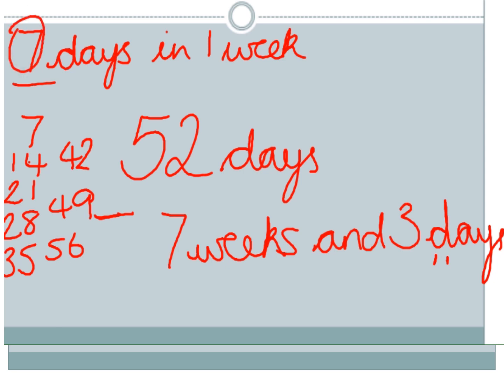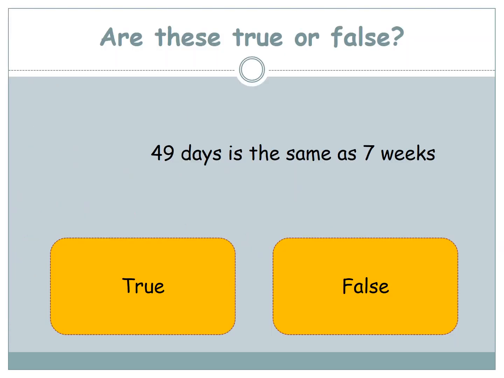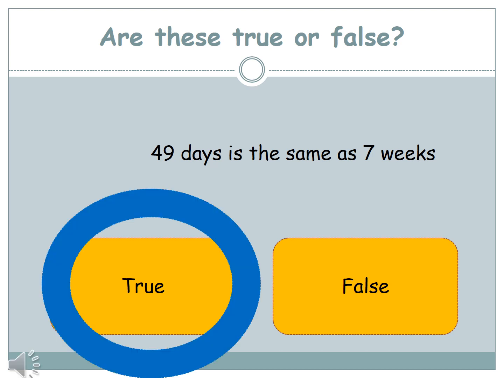Using our 7 times tables now. So this is true because 7 times 7 is 49.